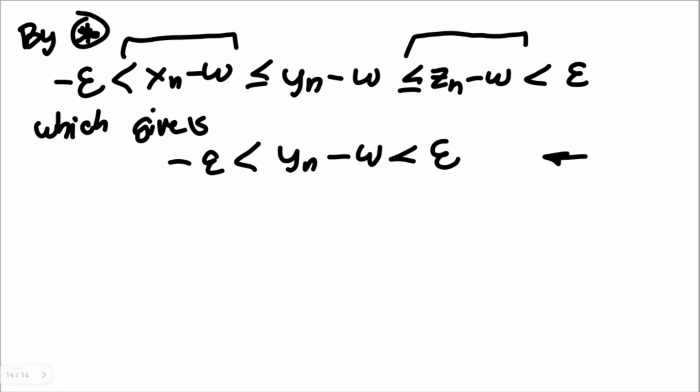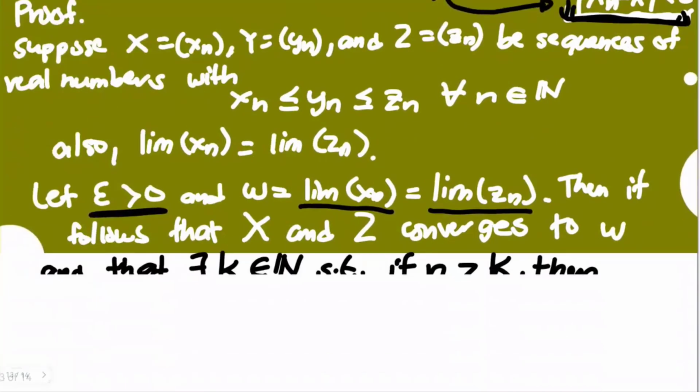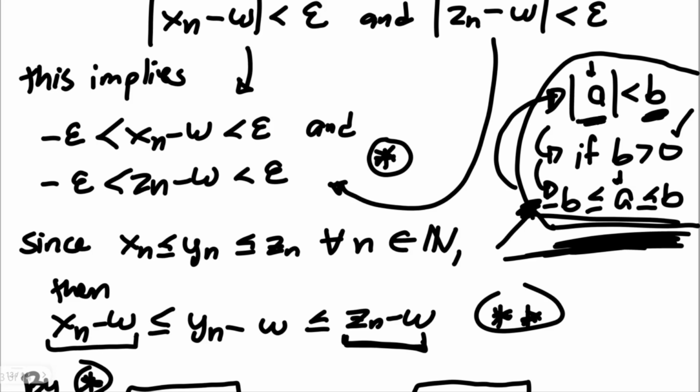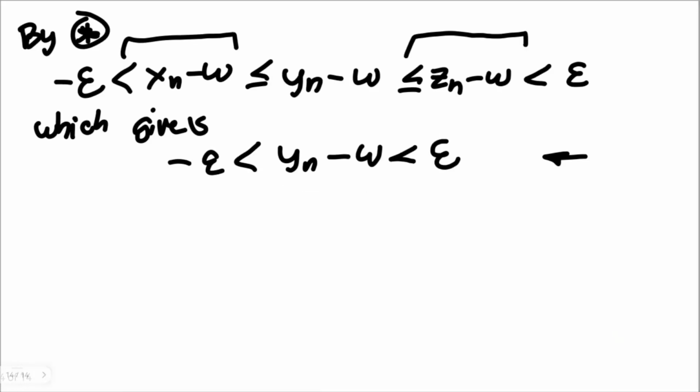Looking at the next page with the same structure, per the definition of absolute value, hopefully you can see this scribble, we can return to this form, taking the middle term as inside the absolute value notation. This gives us the absolute value of y sub n minus w is less than epsilon.